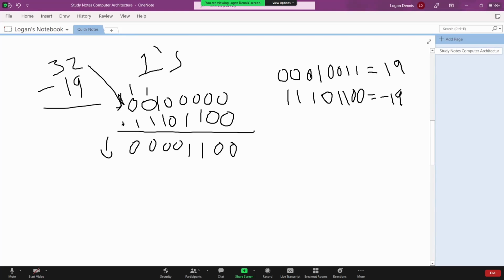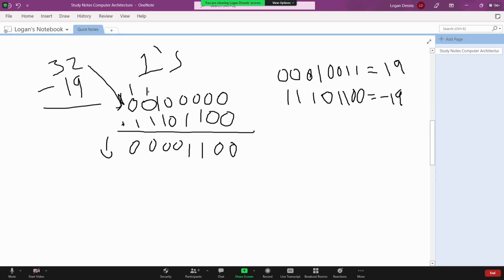Okay, so this addition right here is 32 plus negative 19 in one's complement. When you add up all these numbers, you get 0, 0 is 0, 0, 0 is 0, 0, 1 is 1, 0, 1 again 1, 0, 0 is 0, 1, 1 is 0 with a carry of 1.